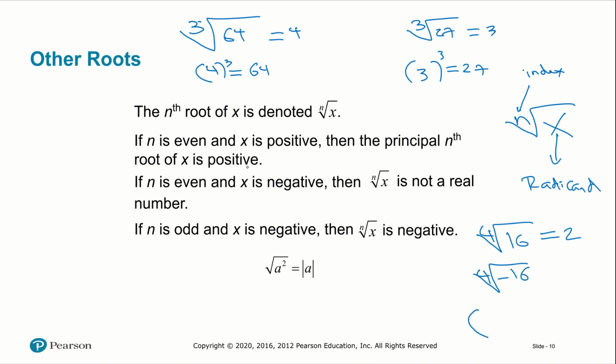I'm looking for some number that when I raise it to the power of 4, I get negative 16. But that's impossible, because when I take any negative number or positive number and raise it to the power of 4, my answer is always going to be non-negative, right? In most cases positive, with the exception of 0, right? So therefore, there is no such number. Well, no such real number, right?